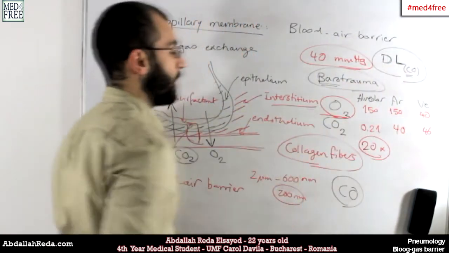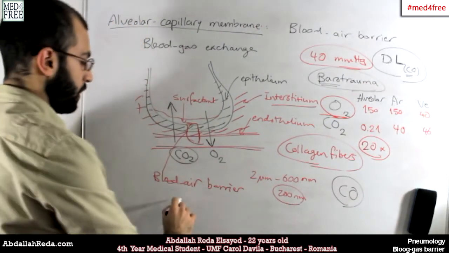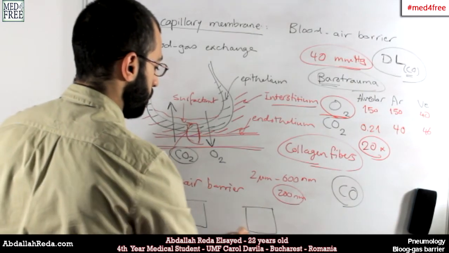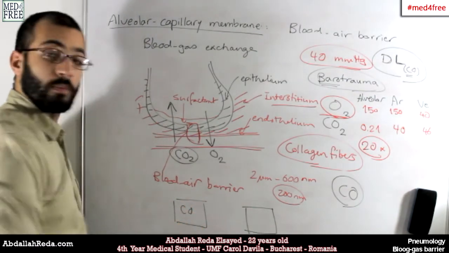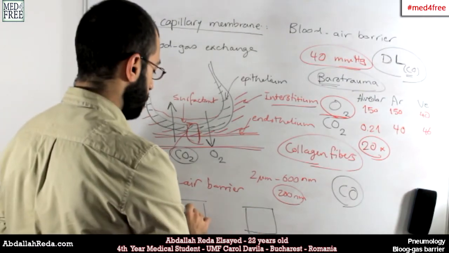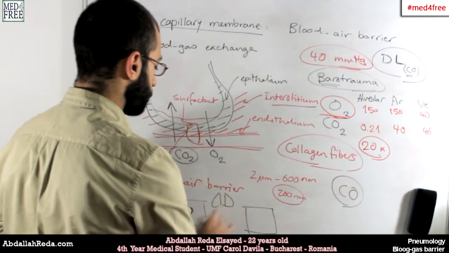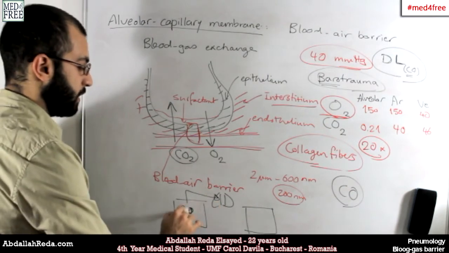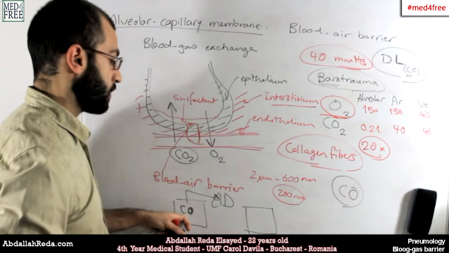In that test, we have two chambers, one with a known concentration of carbon monoxide, and the test subject starts to inhale the gas that contains the carbon monoxide in very small ratios.